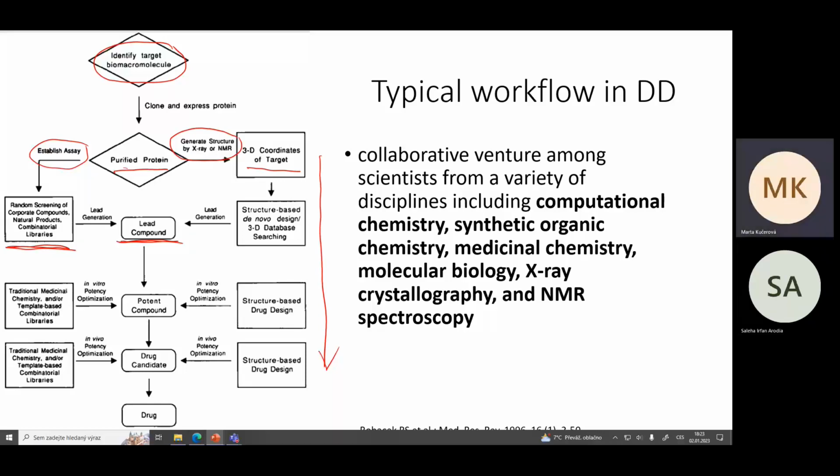So we can use the structure-based drug design for getting the lead compound. We can use it also in optimization.